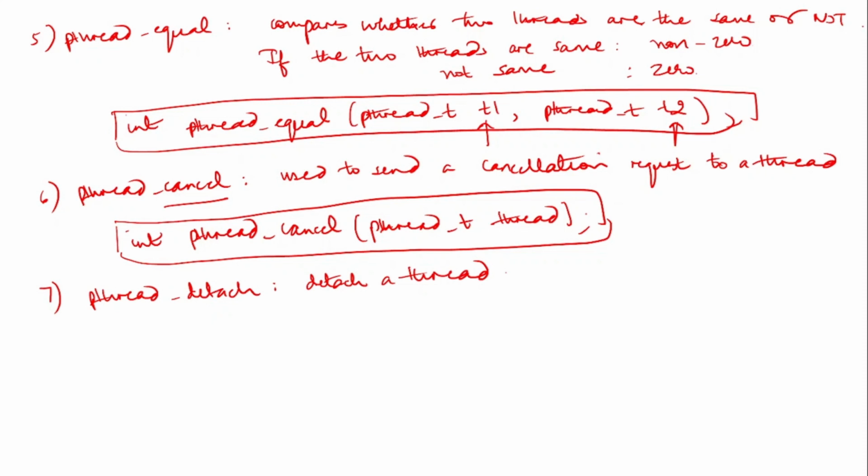So a detached thread does not require a new thread to join on terminating, and the resources of the thread are automatically released after terminating if the thread is detached. Right, so if it is detached, obviously after terminating the resources will automatically get released, and the function is declared as follows.